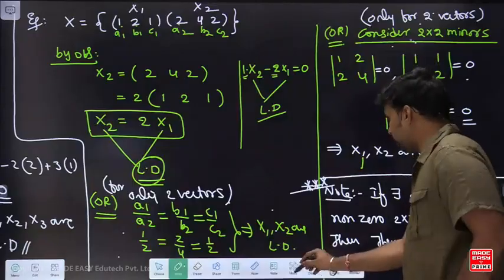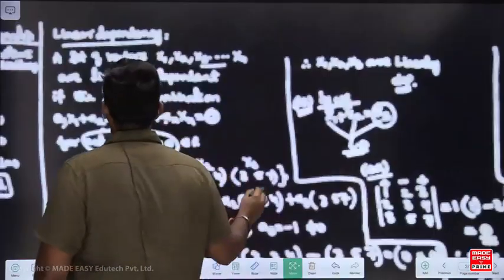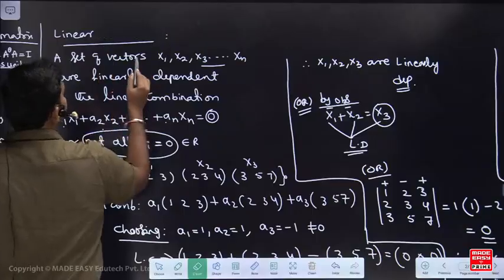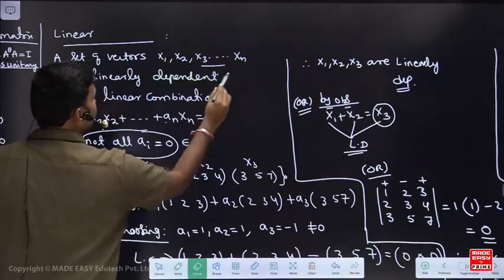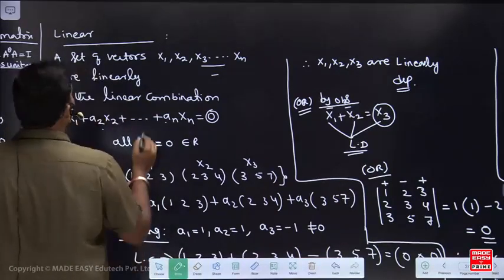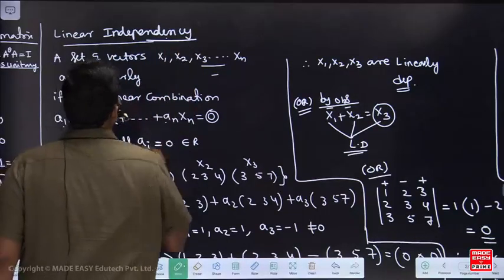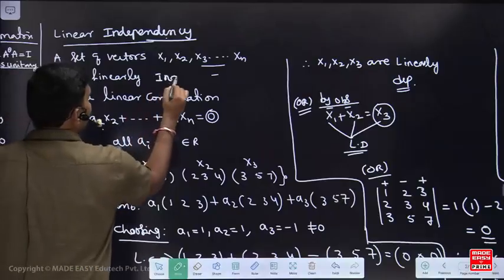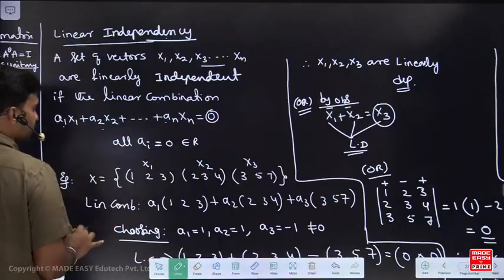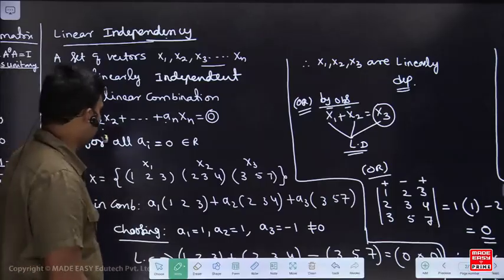Okay, now let me tell you a little about linear independence, beta. Write down linear independency. Linearly independent if the linear combination is 0 only for all ai equal to 0.